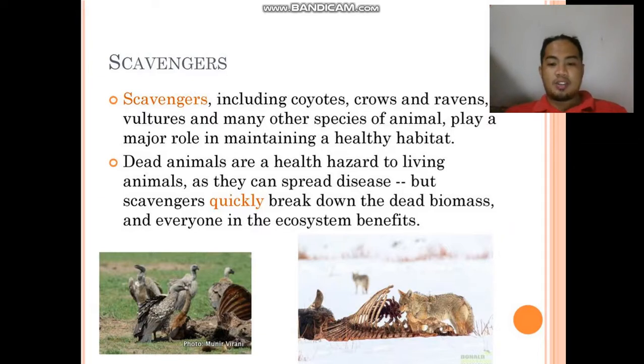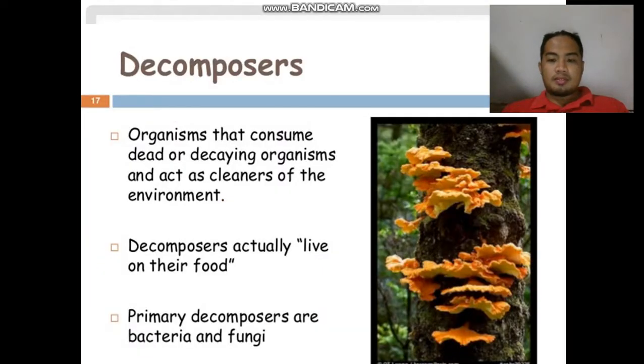Scavengers quickly break down the dead biomass and everyone in the ecosystem benefits. Let's move on to the decomposers. What are decomposers? They are organisms that consume dead or decaying organisms and act as cleaners of the environment. Decomposers actually live on their food, and primary decomposers are bacteria and fungi.